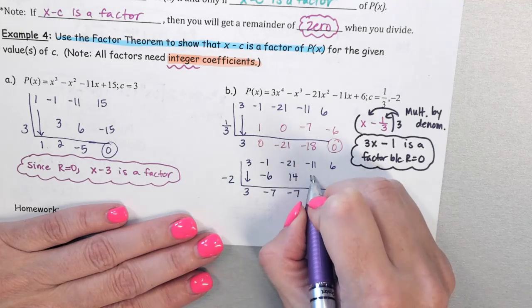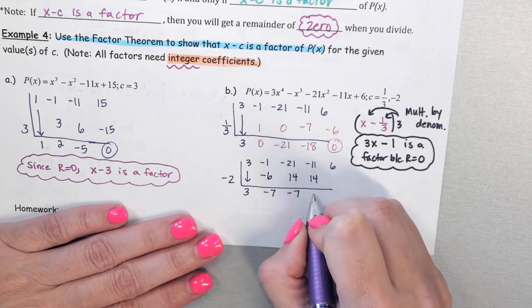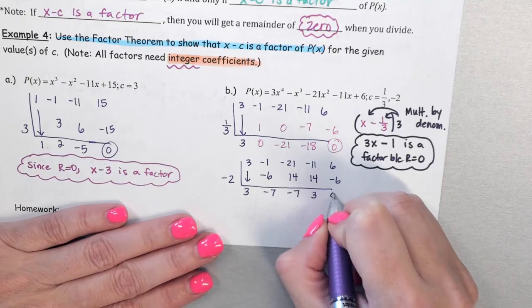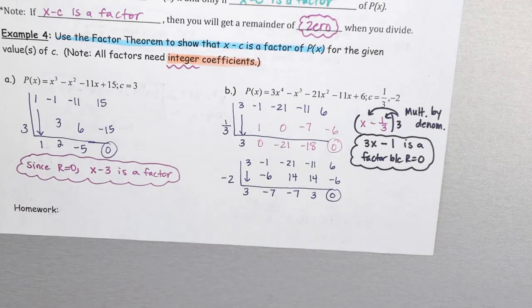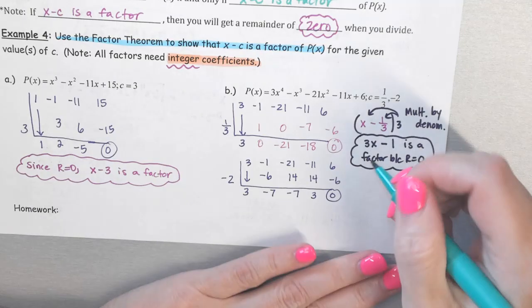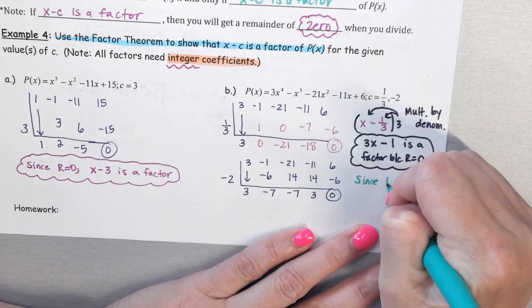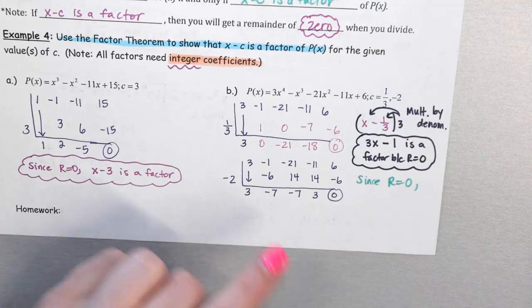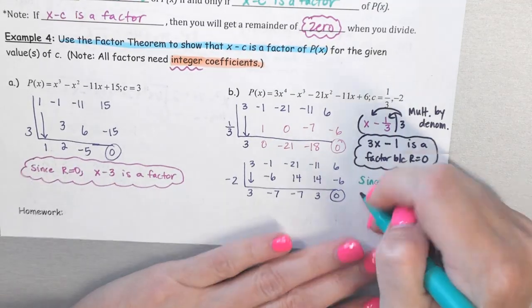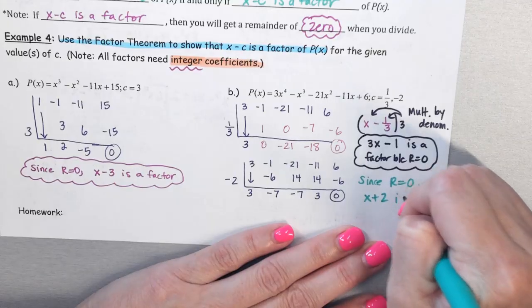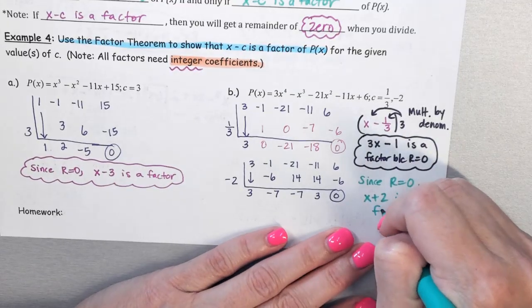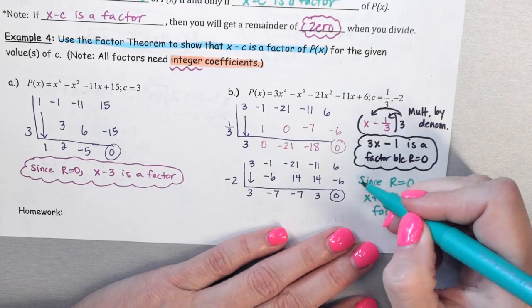Negative times a negative is a positive. 14 minus 11 is 3. Yay. Okay, so because your remainder is 0, if it's a -2, x minus a negative is a plus. So we say x plus 2 is a factor.